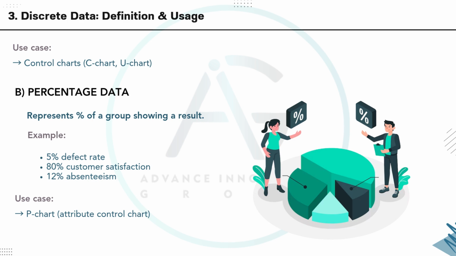For example, a 5% defect rate in a production run, 80% of customers reporting satisfaction, 12% absenteeism in a department. These percentages come from dividing one count by another, like 5 defective units out of 100 produced. Use case? Typically, we use a P-chart or attribute control chart to monitor percentage data over time.